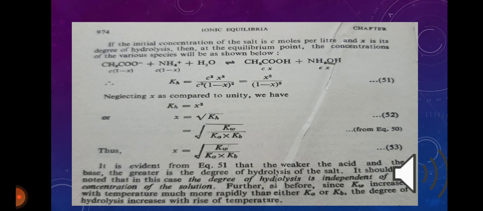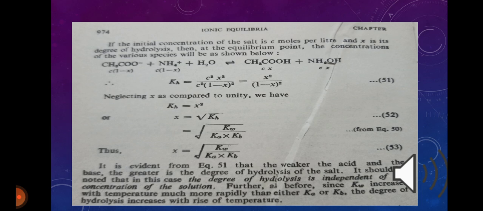So from the equation 53 what we have to know is that the weaker the acid and the base, the greater is the degree of hydrolysis of the salt. If the given acid or the given base is weak, then the degree of hydrolysis of the salt is greater. It should be noted that the degree of hydrolysis is independent of the concentration of the solution.